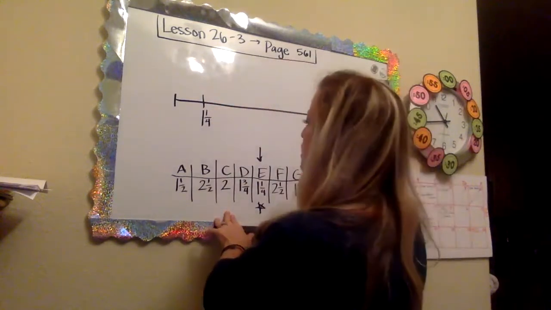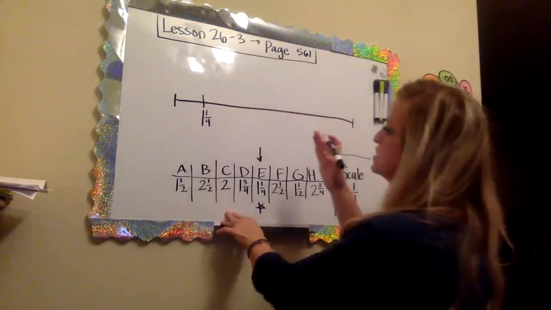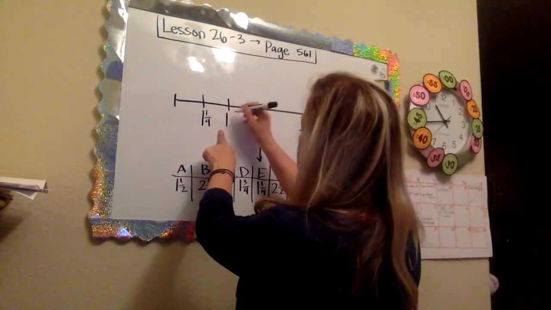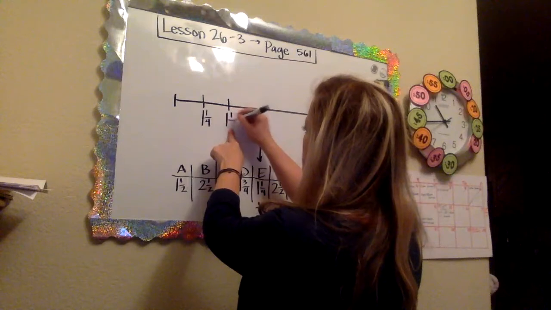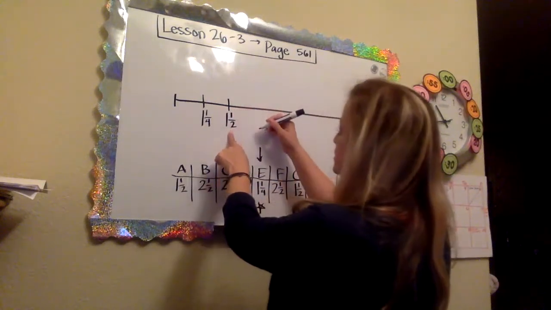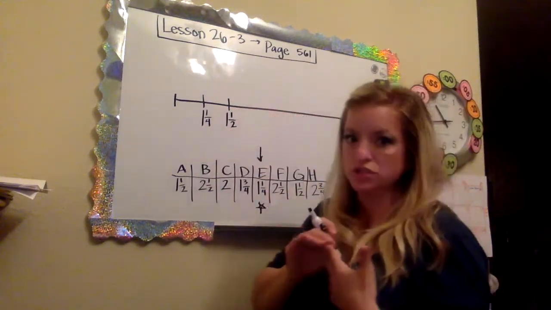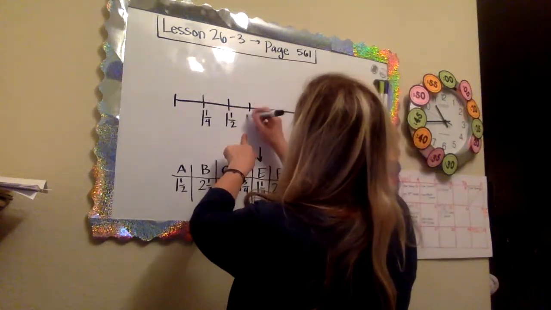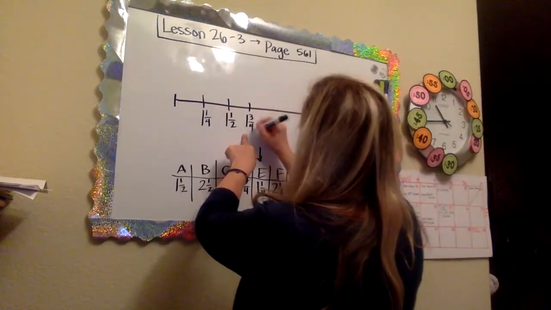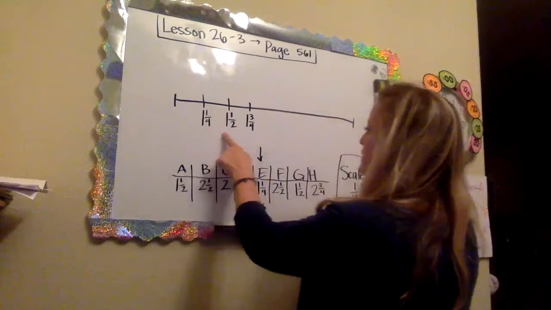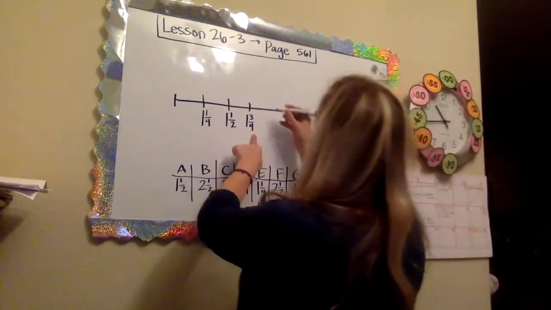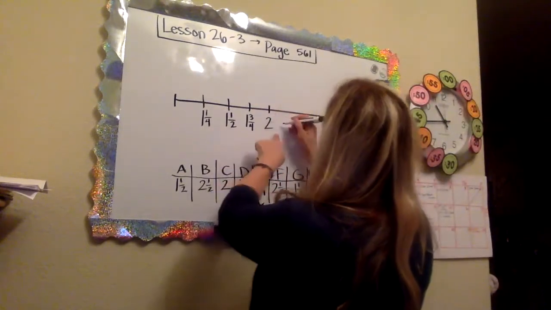After 1 1/4, if I'm moving by fourths, it's going to be 1 2/4, otherwise known as 1 1/2. I know that 1/2 is equivalent to 2/4. And then after that is 1 3/4. Every time I'm jumping by 1/4. That's my scale. 1 3/4 is now 2.